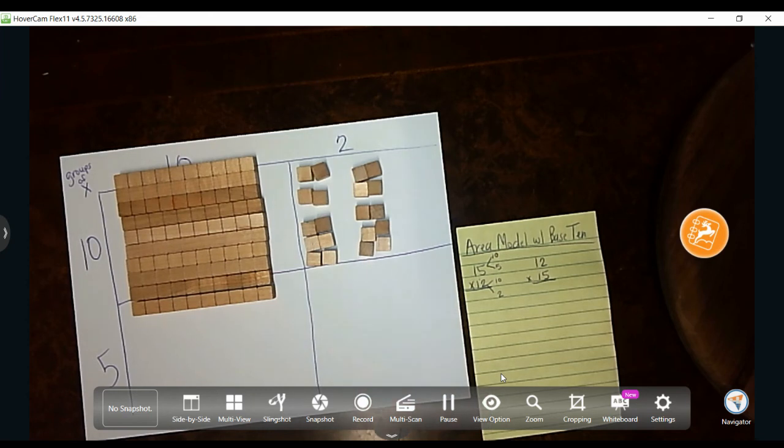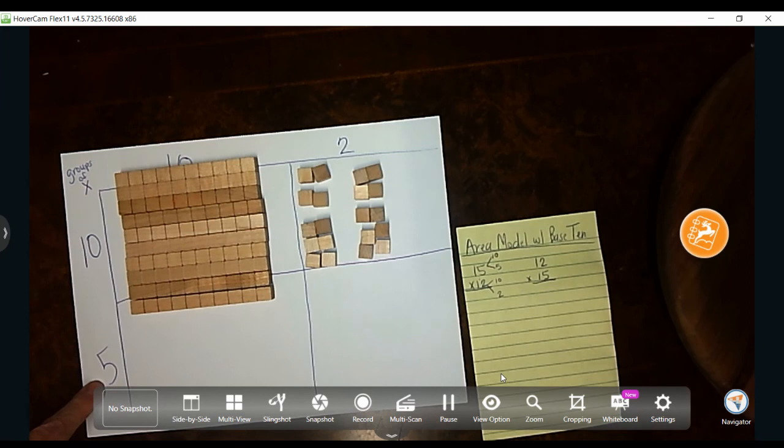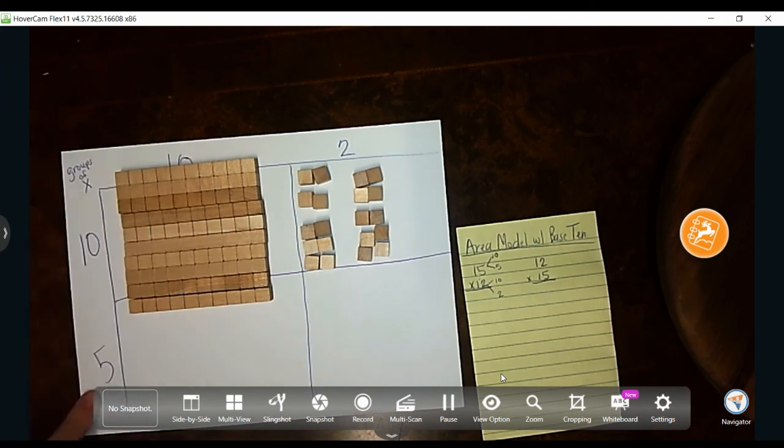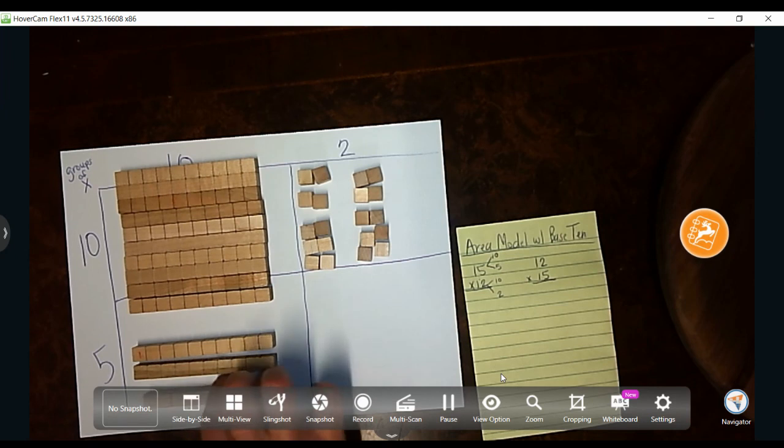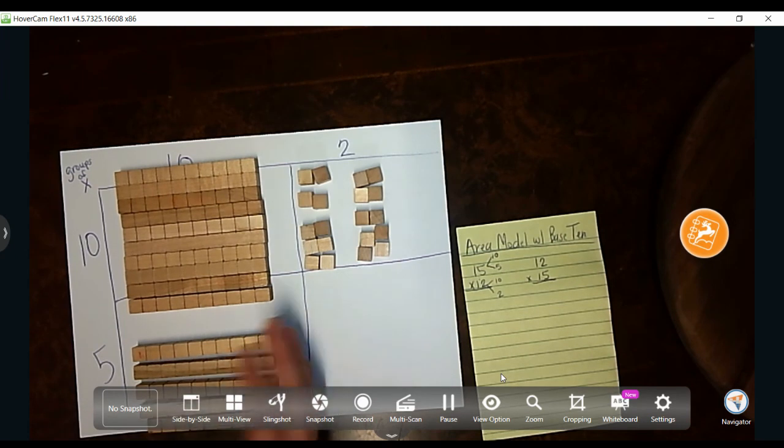Okay, now I'm looking at my next number, and I have 5 times 10. So 5 groups of 10. So I'm looking at what is 5 times 10? Well, if I know my multiples of 10, 5 times 10 is 50. But let's look at this conceptually using our base 10 blocks. 1 group of 10, 2 groups of 10, 3 groups of 10, 4 groups of 10, 5 groups of 10.